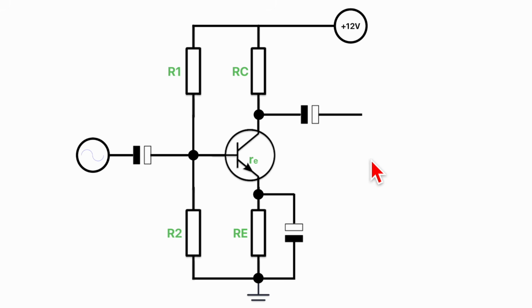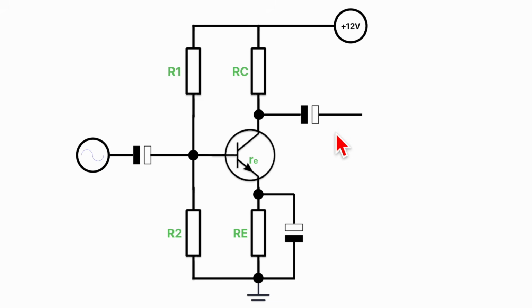It's a common emitter configuration, and we're going to operate this in class A, which basically just means the transistor is going to be switched on all of the time, which is the most inefficient of all the amplifier classes, but is the most linear and will give us the best representation of our input signal at the output, just bigger, but without a whole load of distortion. So that's why we're going for this configuration.